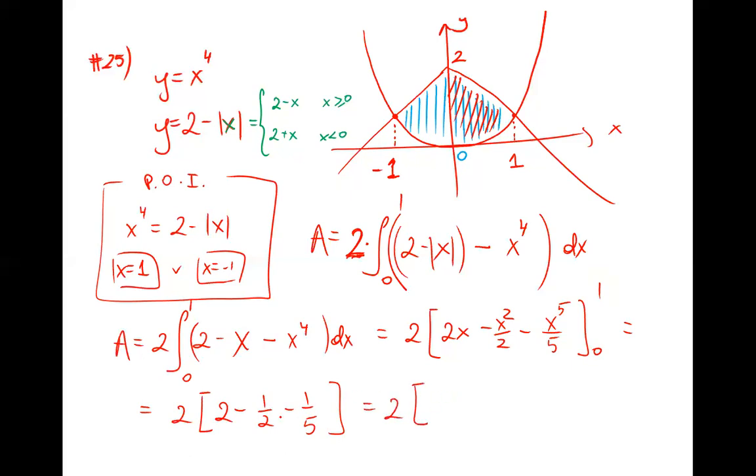We can get the common denominator, which is 10: 20 over 10 minus 5 over 10 minus 2 over 10. Am I right? Because this is half and this is 1/5. We get 13 over 10 times 2, and the 10 and 2 we can cancel out. That's the final answer.